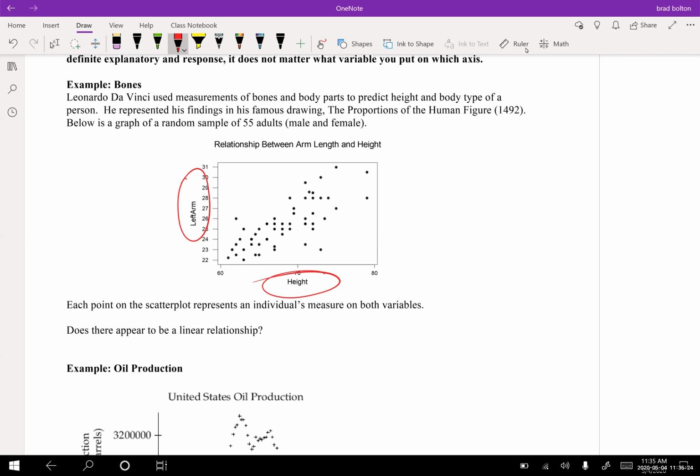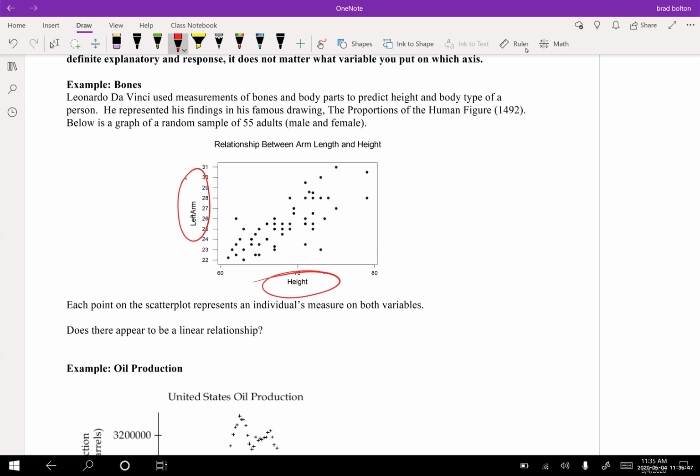So your height determines the length of your left arm. Or you could do it the other way. You could measure your left arm and use that to determine your height. That's why they say it kind of doesn't matter which one you say if it's hard to tell. If one definitely affects the other, in a certain order, then it might matter, but in general, it shouldn't change too much of your relationship.